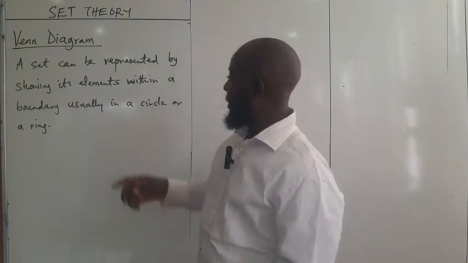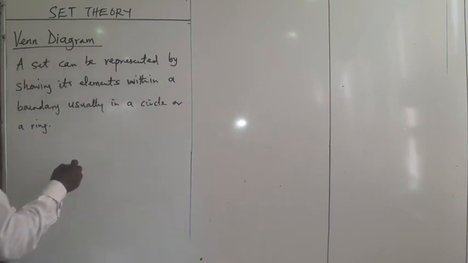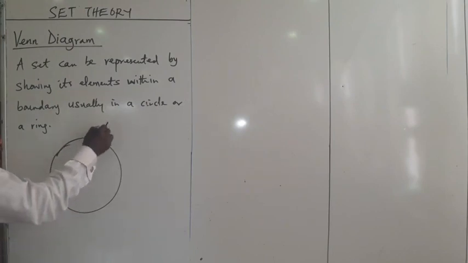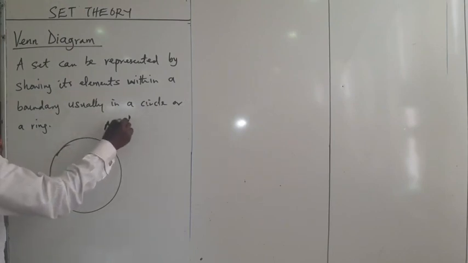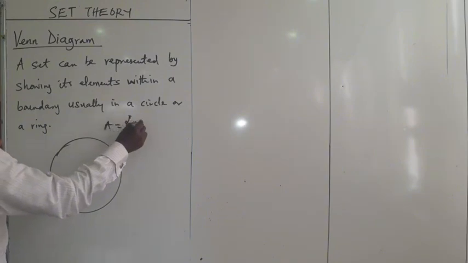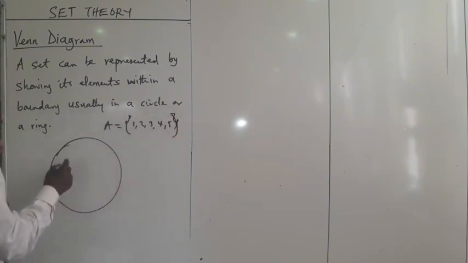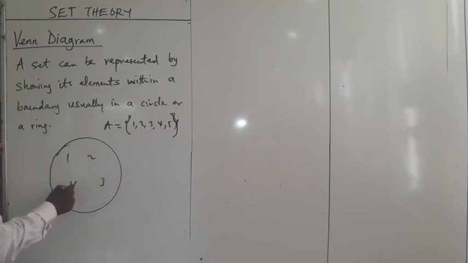These can also be represented in a circle. When you have a set represented in a circle, for example, set A includes the elements 1, 2, 3, 4, 5. You put everything, 1, 2, 3, 4, 5, inside. This is a Venn diagram.